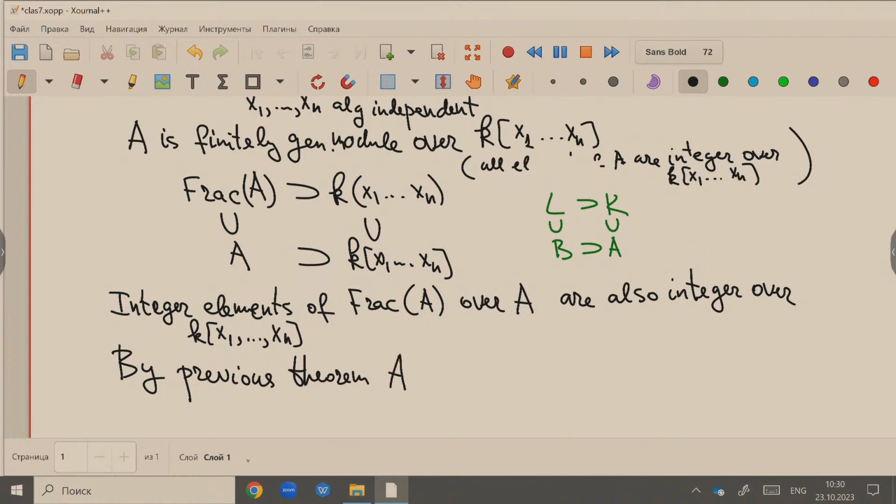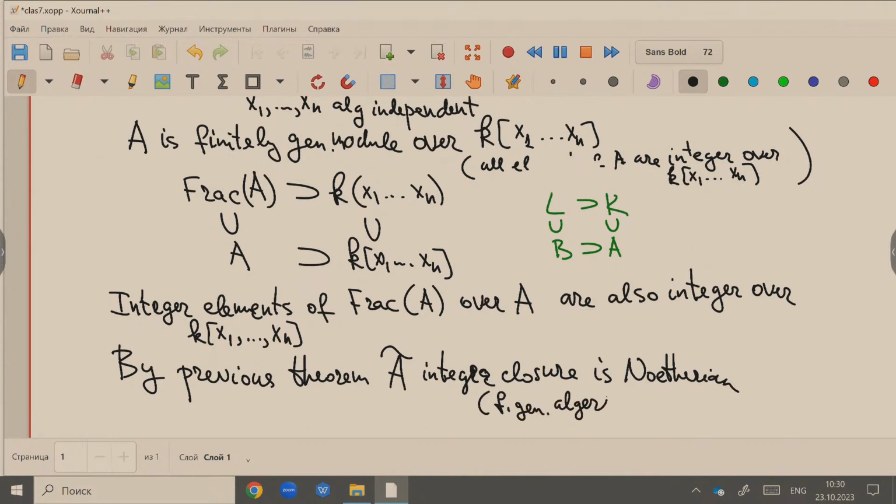Actually it is a finitely generated algebra over A.